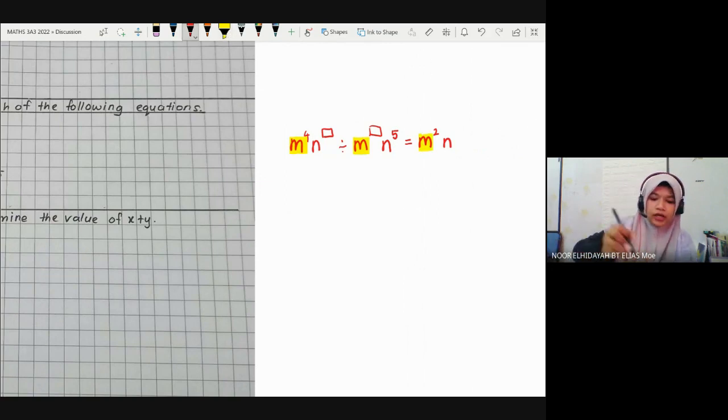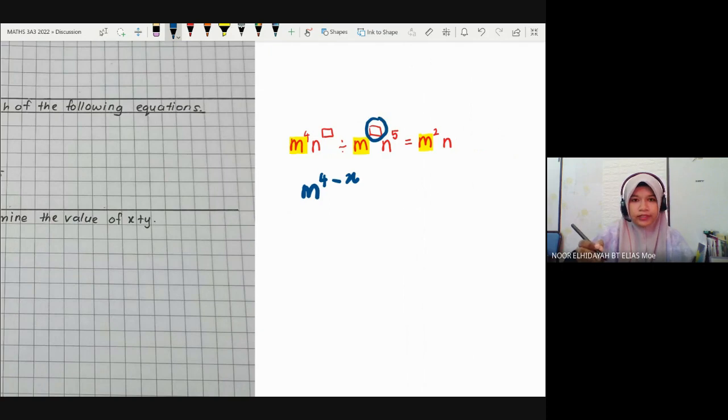The operation will be m to the power of 4, because it is minus, so minus x, for example x, because this one is blank, equals m to the power of 2.